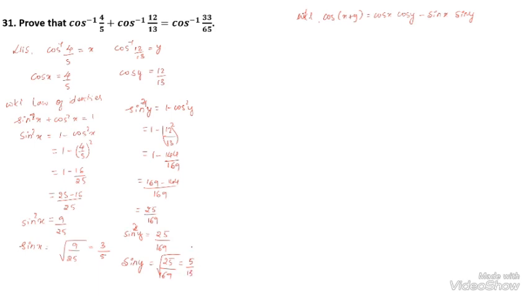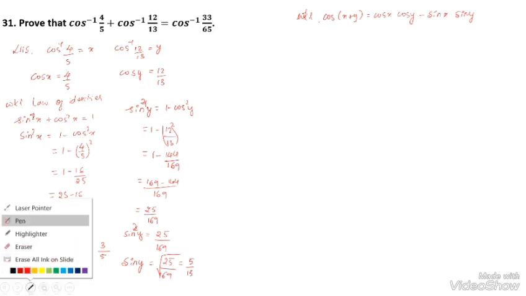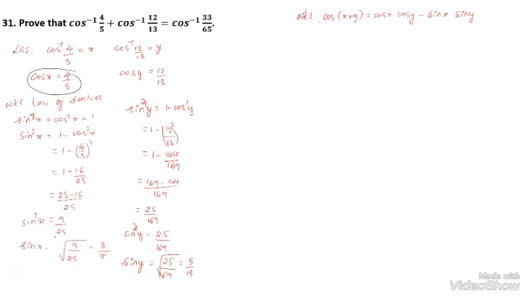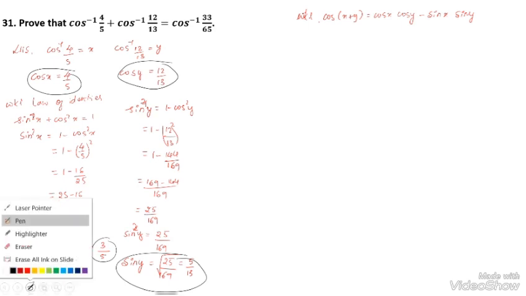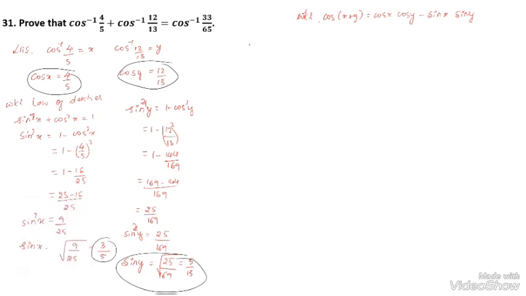Now we have cos x, sin x, cos y and sin y, and I can use the result here. That is cos of x plus y is equal to cos x cos y minus sin x sin y. What is the cos x value?